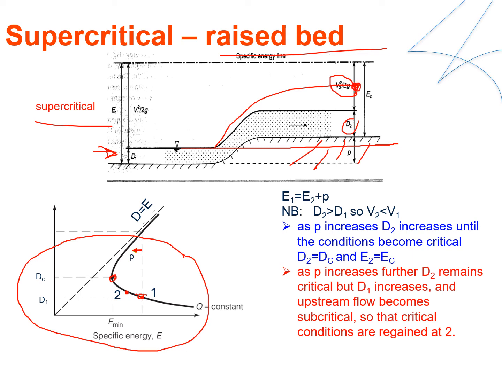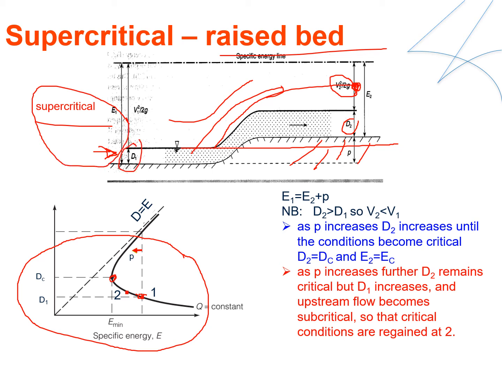But if you raise the bed furthermore, if you increase the height furthermore, then the water cannot pass. The energy of the water would not be sufficient to go over that raised bed, and in that situation, the flow upstream changes from supercritical to subcritical.